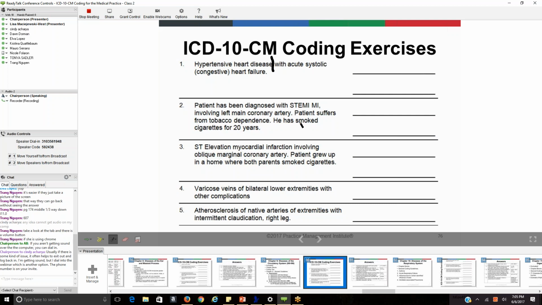So now we have to go to F17, which is Chapter 5. And we have nicotine dependence, and it does say cigarettes. So we have F17.21, nicotine dependence, cigarettes.